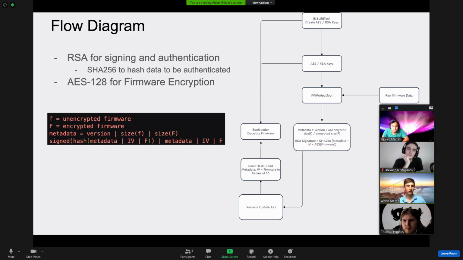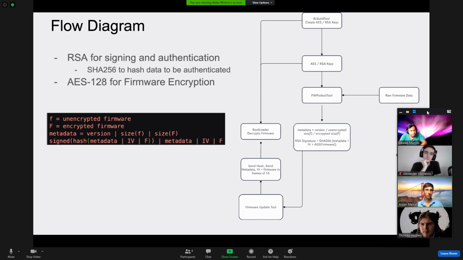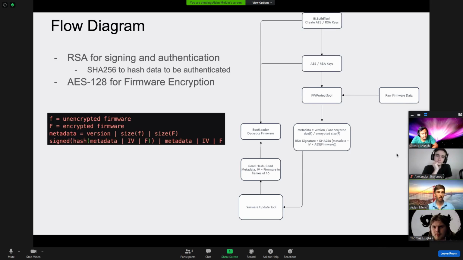We used the RSA asymmetric encryption algorithm to sign and authenticate the data that's being transmitted to the bootloader. We used the secure hashing algorithm 256 to hash the data that's going to be authenticated. And then finally, we used the Advanced Encryption Standard, or AES, with a 128-bit key size, to encrypt the firmware that would be sent over.